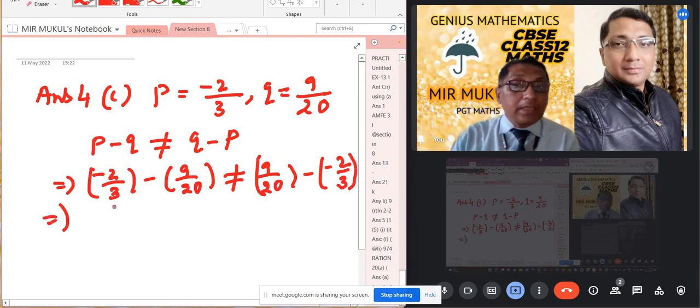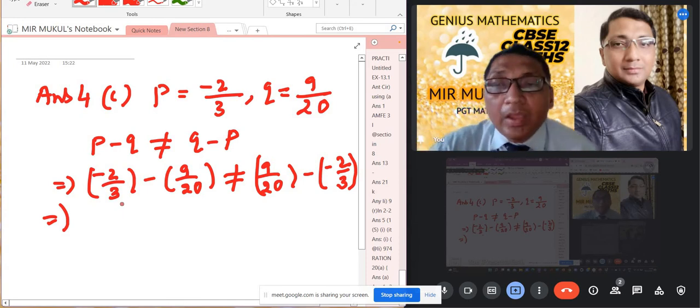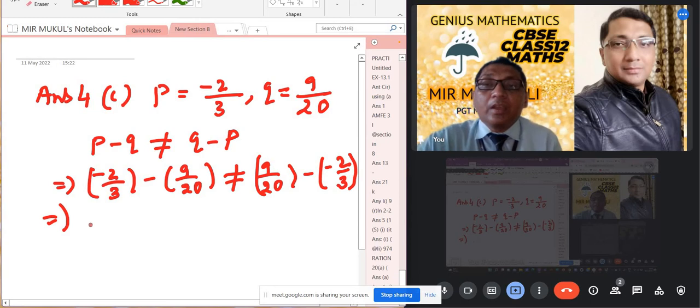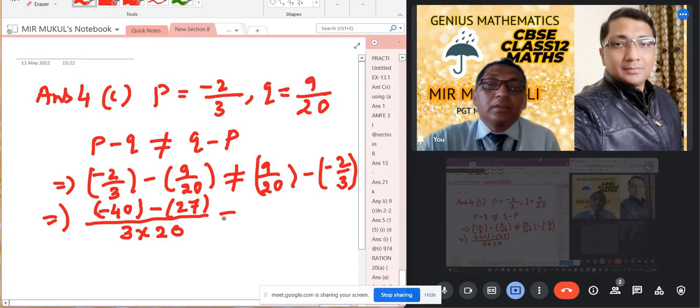So how I taught this? Either you take the LCM because you are subtracting, take the LCM of the denominators, after that you can find, or one easiest method is multiply the denominators, that means 3 into 20. Then cross multiply. Minus 2 into 20 is minus 40. And minus 9 into 3, 27.